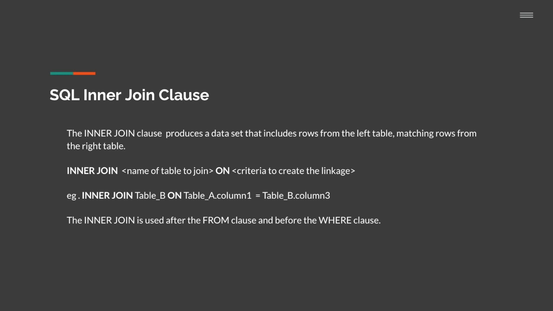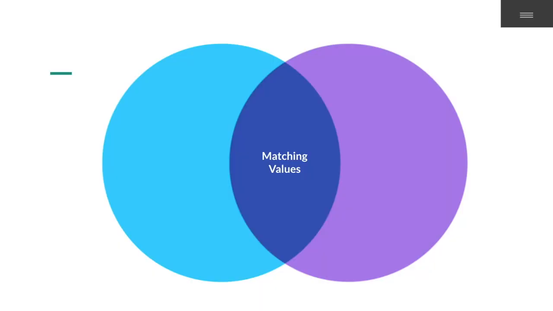Now, the inner join clause is used after the from clause or the from keyword and before the where clause or the where keyword. The inner join would return matching values. This is a Venn diagram that would show two different tables.